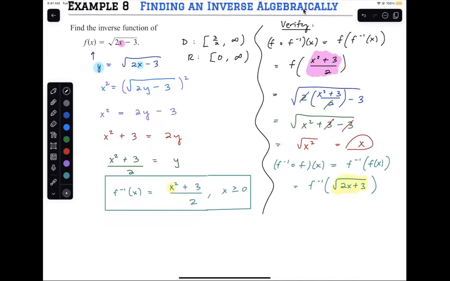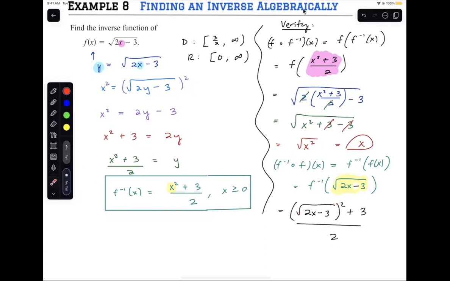So this will equal parentheses the square root of 2x minus 3 squared. I already messed up. This should be minus 3, which makes this a minus 3. And then plus 3 all over 2.